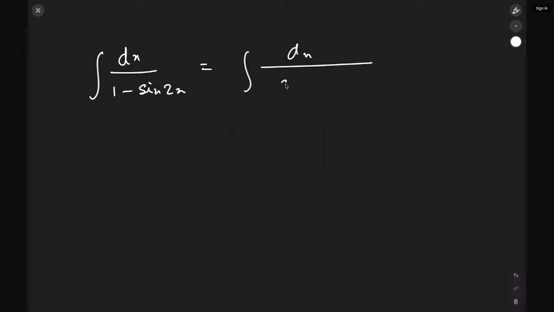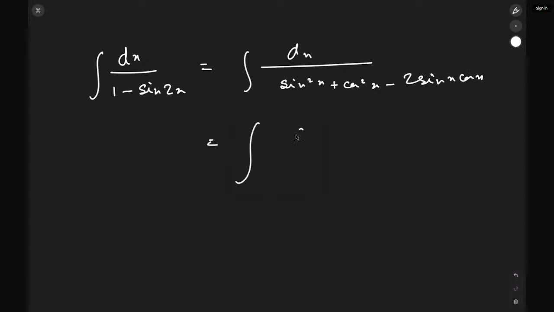So the next question that we have is integration of square root of 1 minus sine 2x. So I can write 1 as sine square x plus cos square x, minus 2 times sine x cos x. Alright.